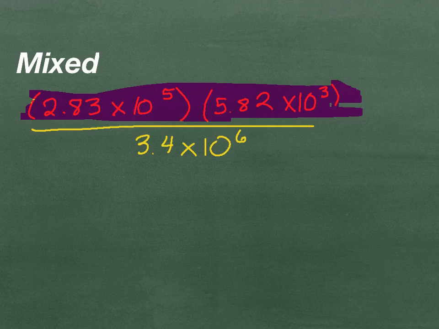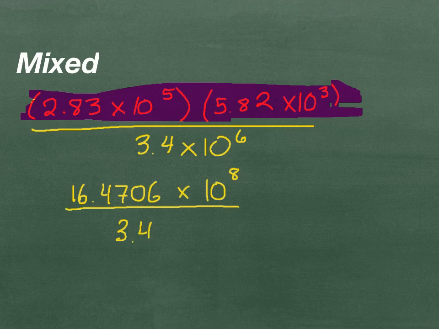So if we multiply our numbers, and getting a calculator out here because I'm not very good at mental math of decimals, 2.83 times 5.82 is approximately 16. Well, not approximately, actually exactly 16.4706 times, we check our base 10s, 5 plus 3 is 8, all over 3.4 times 10 to the 6.